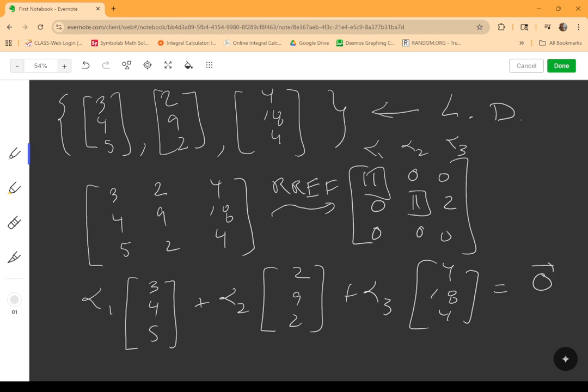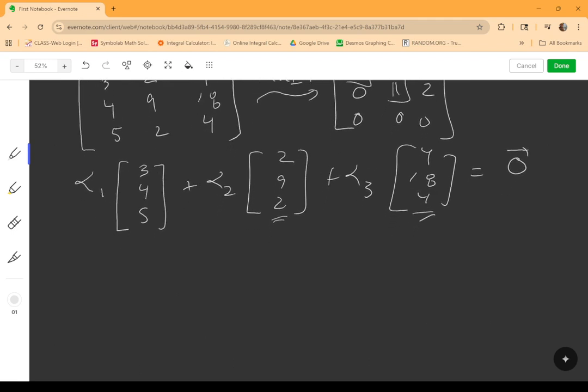Now, one of them may be 0, depending on what the linear combination is, but not all of them are. We can see clearly that the third vector is double the previous one. So yes, it makes sense that that showed up in our solution, having a linearly dependent set.